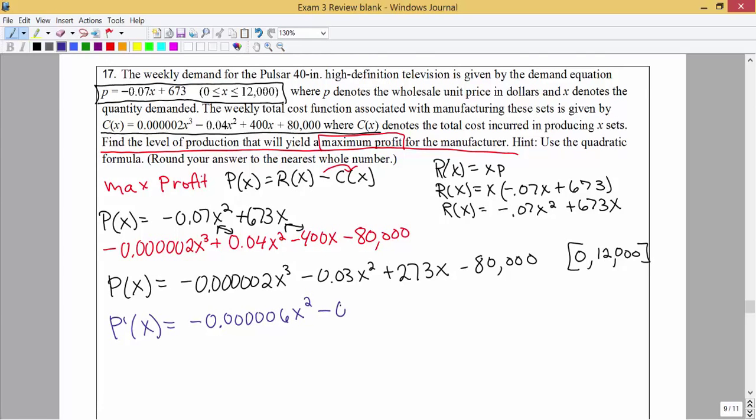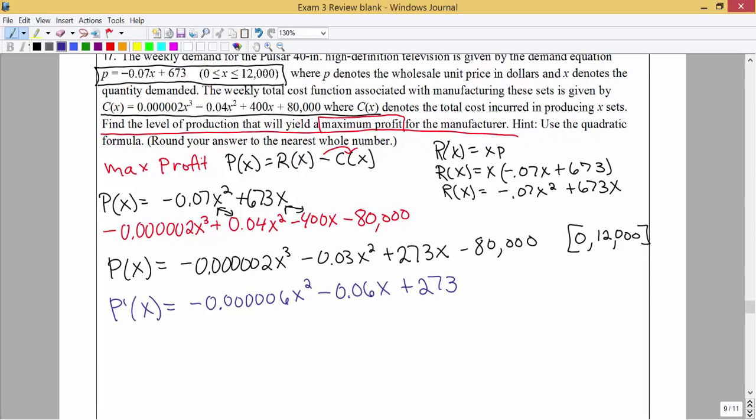So we're going to use that power rule. Okay, then we're going to set this equal to 0. We're looking for where we have horizontal tangent lines. We're going to take the derivative and set it equal to 0.